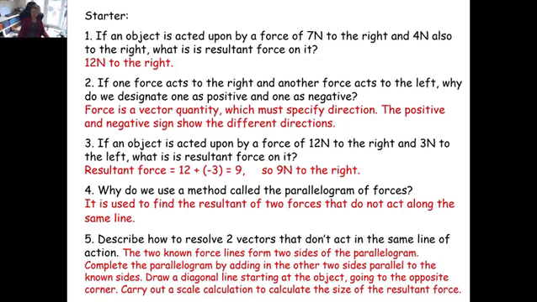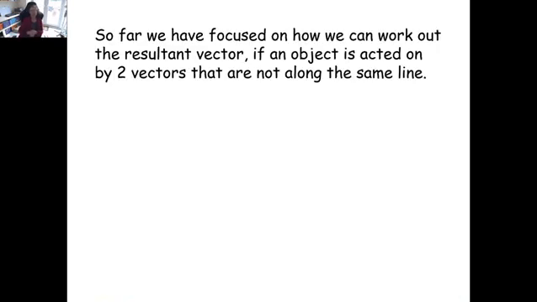Okay, so last lesson we focused on how we can work out the resultant vector if an object is acted upon by two vectors or two forces that are not acting along the same line, and we saw how we could add those two vectors together to get a resultant vector, and we did that largely by using a method called the parallelogram of forces.